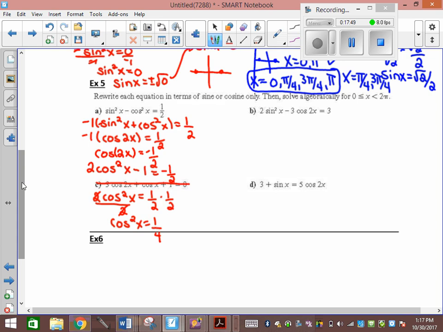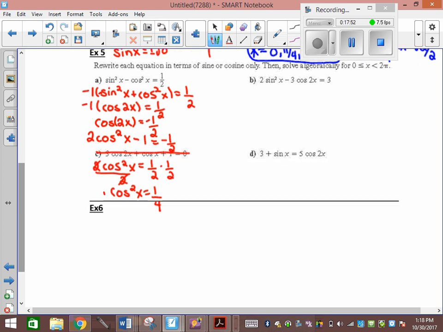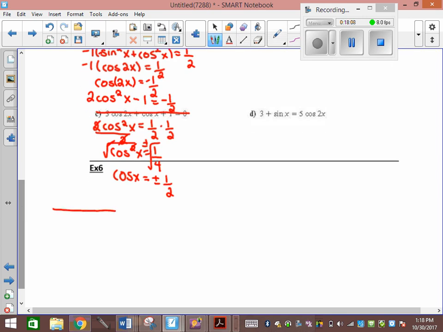And then I'm going to take the square root of it. When I take the square root, I take plus or minus. And I'm going to get cos x equals plus or minus a half. Now cos x is plus or minus a half in the 60s.